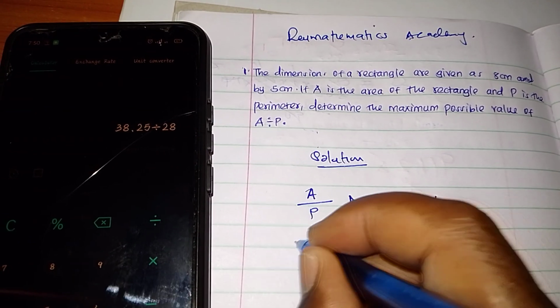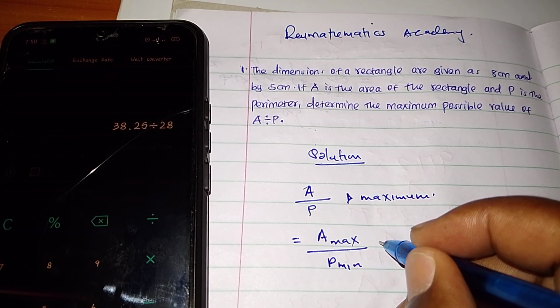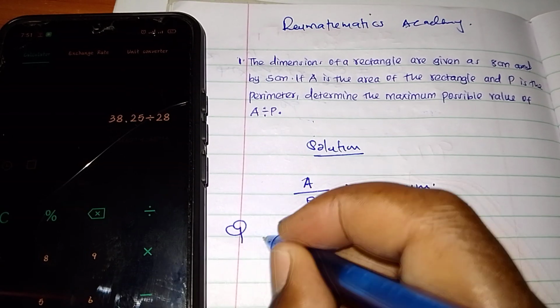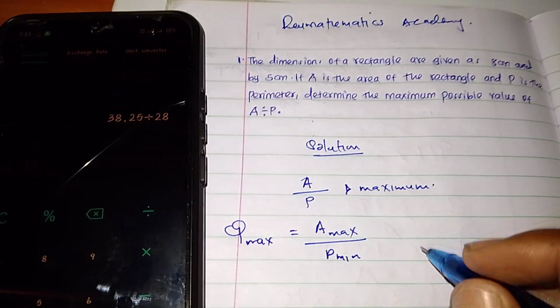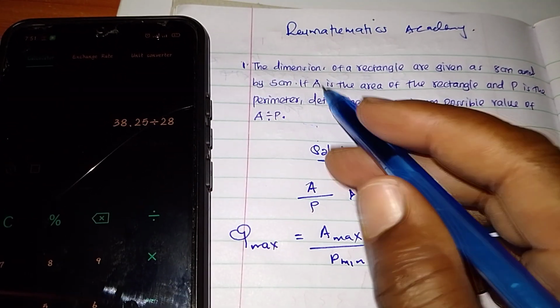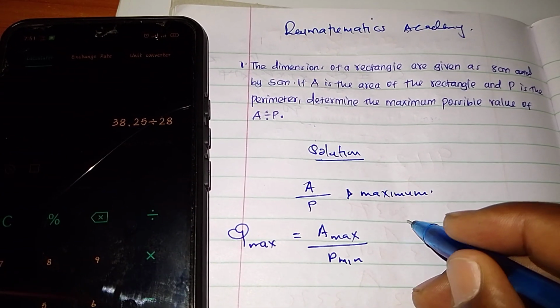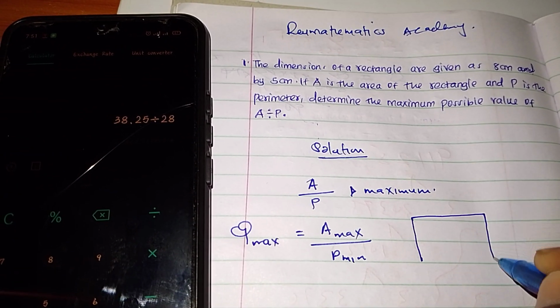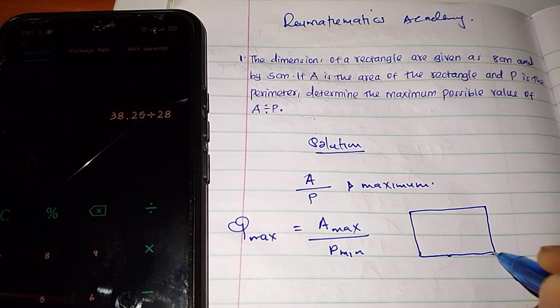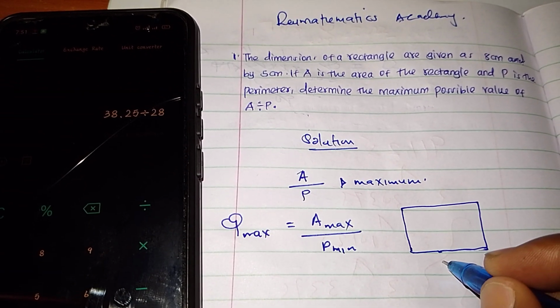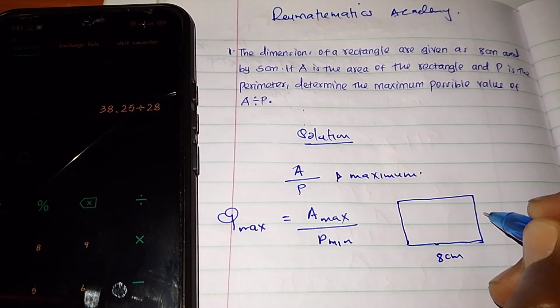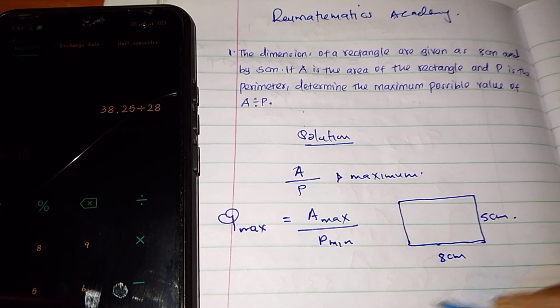So in this case, you're going to have a quotient that is maximum, okay? So in this case, we have a rectangle which measures 8 centimeters by 5 centimeters.